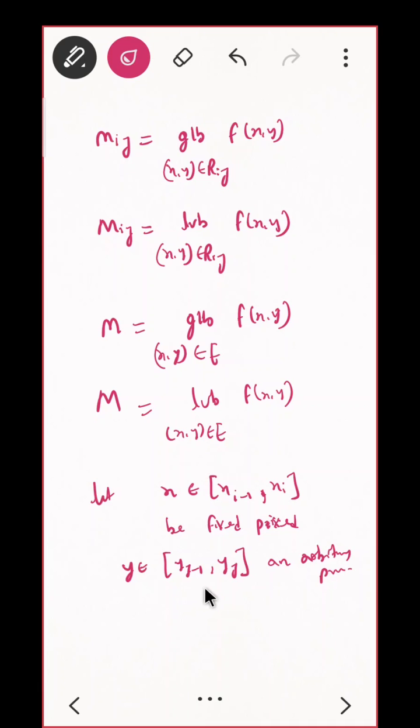And what will be the relation of the function with this guy? If I take f of x,y in this interval, it will always be greater than small mij, and sorry, it will be less than capital Mij, and small mi, like that. And this is always less than capital M, and this is always greater than small m. Is it okay?